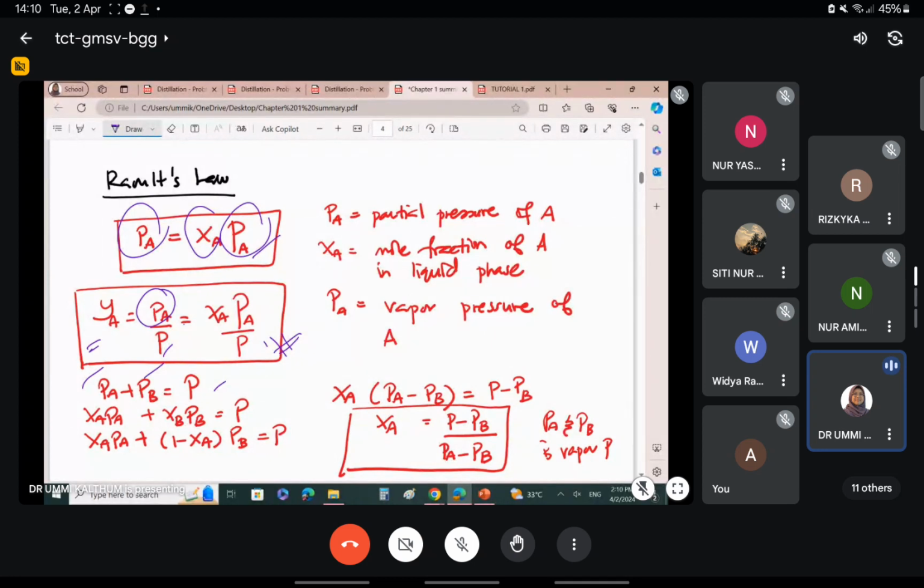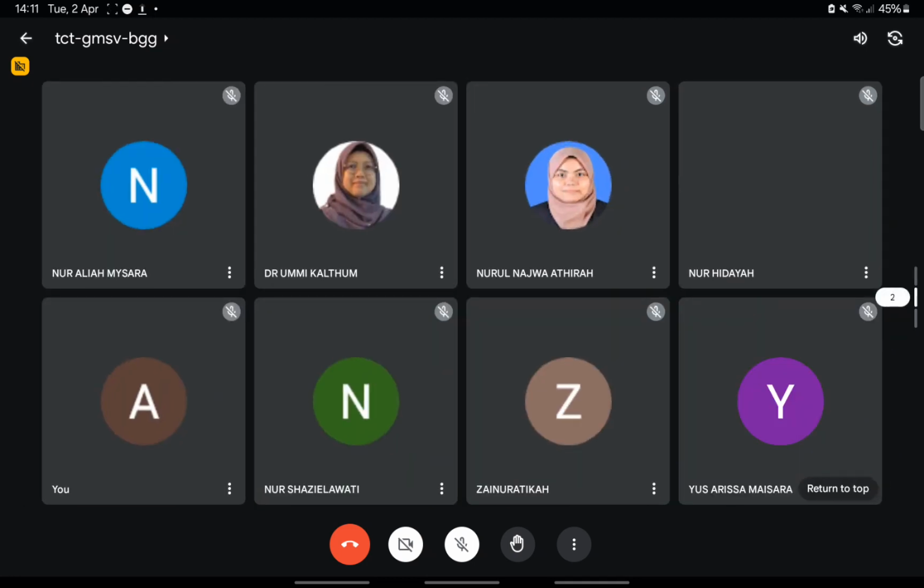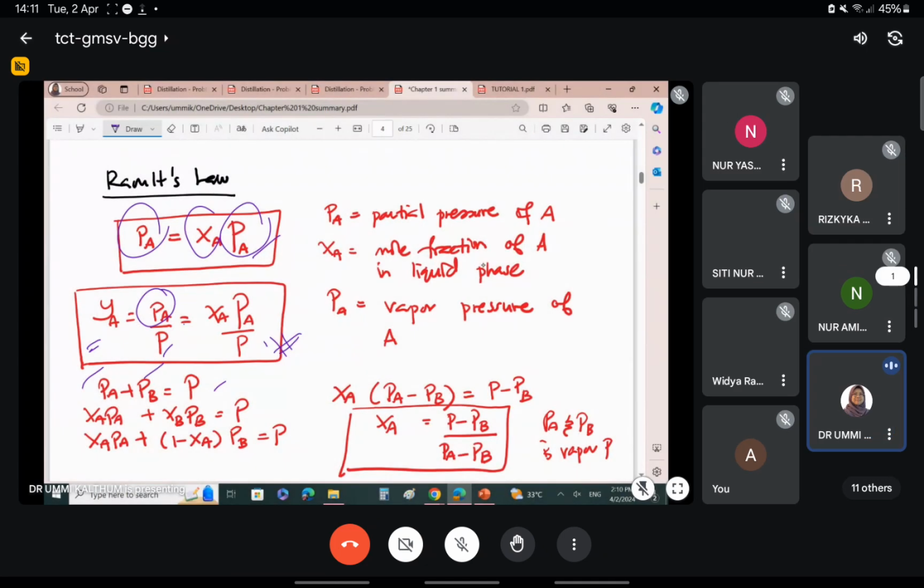Okay, so gantikan, okay, replace PA with XA PA°, and PB replace with XB PB°, okay, equal to P. And XB is equal to 1 minus XA. Okay, XA plus XB is equal to 1. Okay, mole fraction of A plus mole fraction of B is equal to 1.